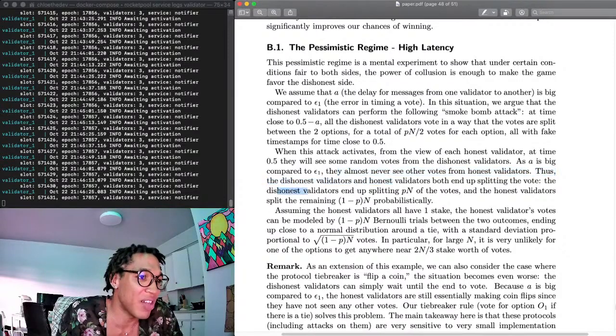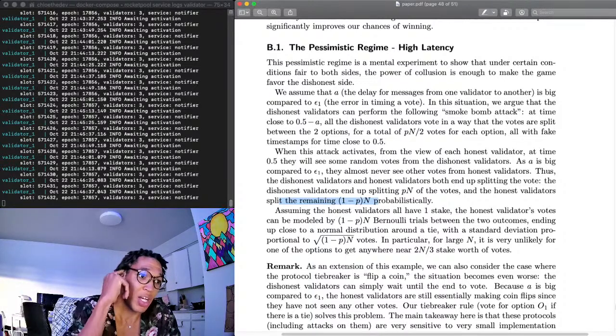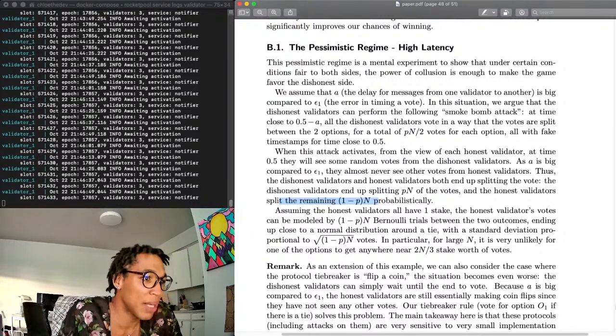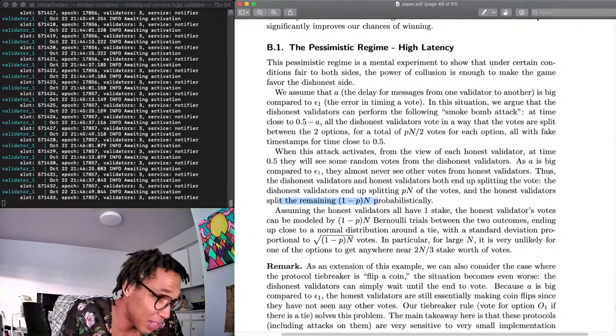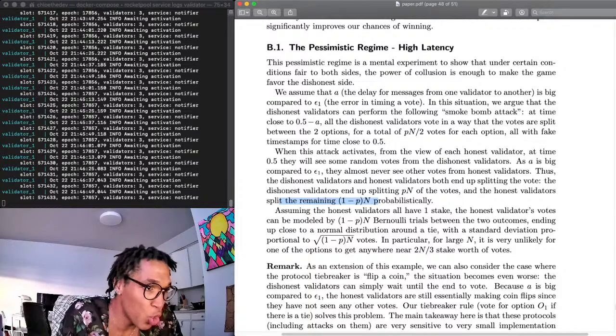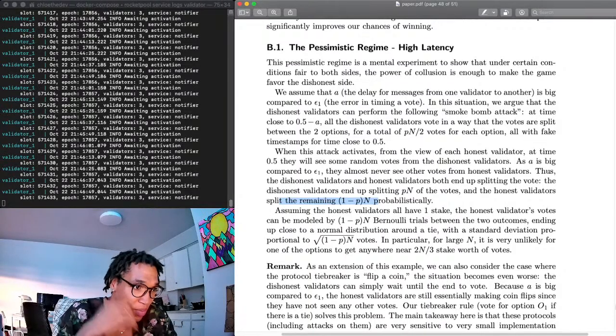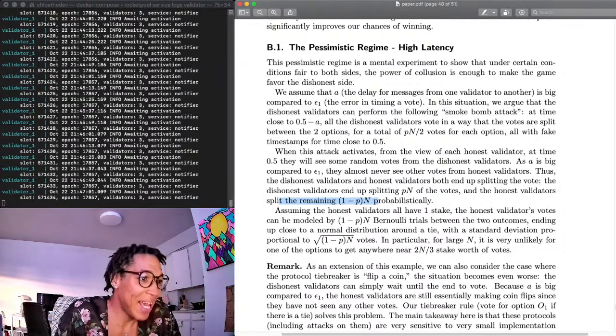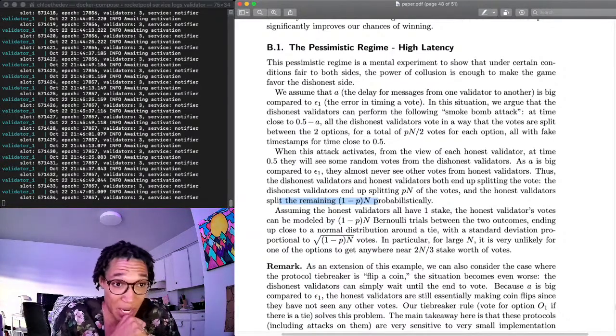The dishonest validators end up splitting pn of the votes, and the honest validators split the remaining 1 minus p, probabilistically. Assuming the honest validators all have one stake, the honest validators' votes can be modeled by (1 minus p) times n Bernoulli trials between the two outcomes, ending up close to the normal distribution around a tie, which is not what you want.